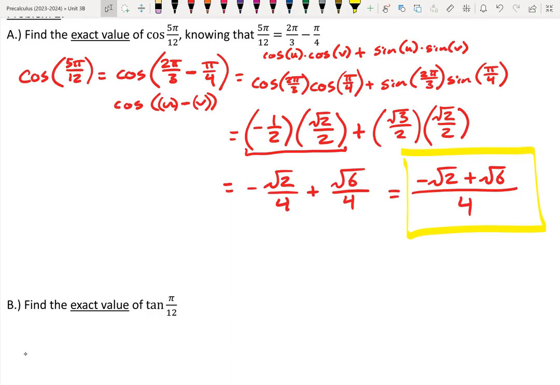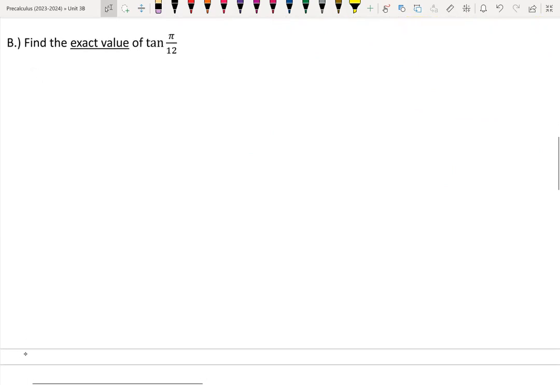The last one, we were cosine of 5 pi over 12, but then they told us, hey, 5 pi over 12 is this. Sometimes they will tell us what the adding or subtracting is. Sometimes they may not, and we have to figure it out. Thankfully, it doesn't take too long to figure out a correct adding or subtracting that will work for us.